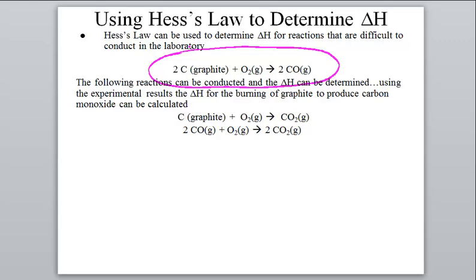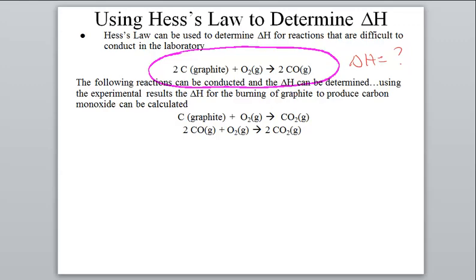It's almost impossible, as far as I know it is impossible, just to form carbon monoxide. So how can we use Hess's law to figure out the enthalpy change, the heat of the reaction for this reaction? So ultimately, we want to figure that out. The idea is really no different than what we just discussed with glycolysis in that series of 10 reactions.